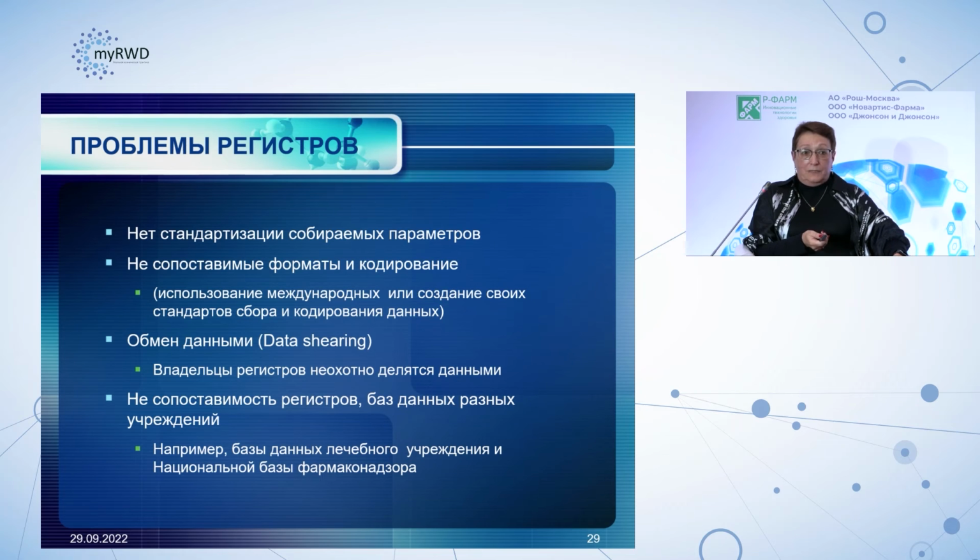What problems do we have with registers? First of all, there is no standardization of collected parameters and no standardized coding. In the FDA, for example, they have standards for electronic information and coding of data. We do not have such standards, but we have to develop them.